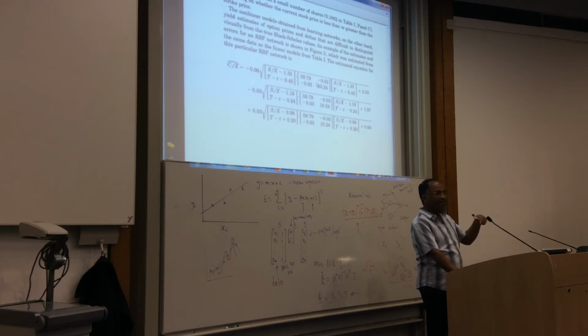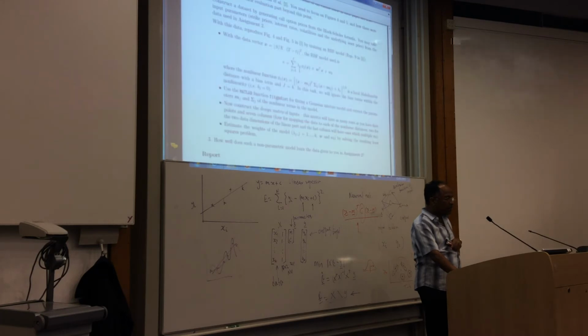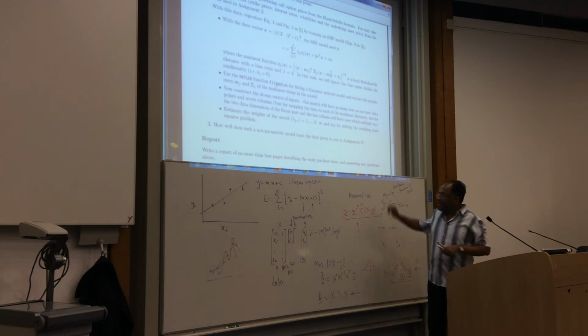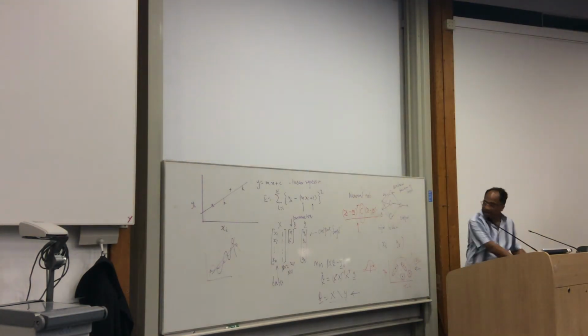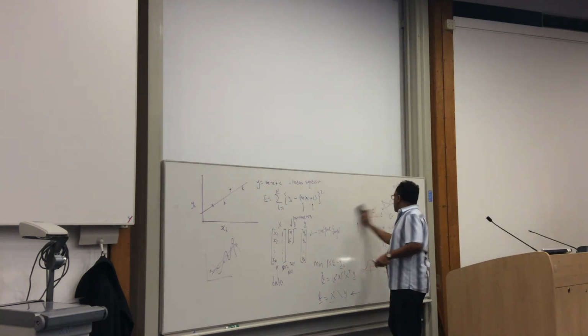The remaining parameters are the minus 0.06, minus 0.03, 0.03, those ones. These correspond to the lambdas here, the W here, and the W naught here. Now comes the one and only step that we need.